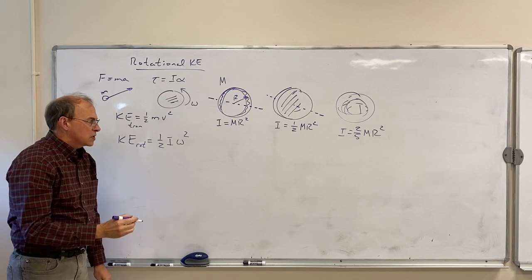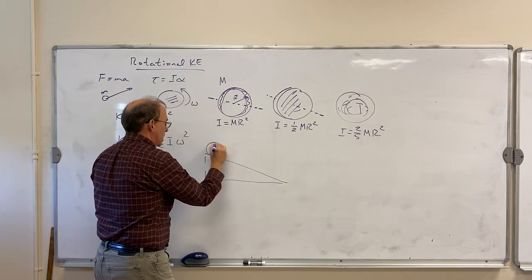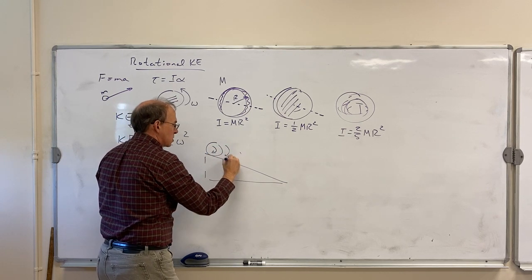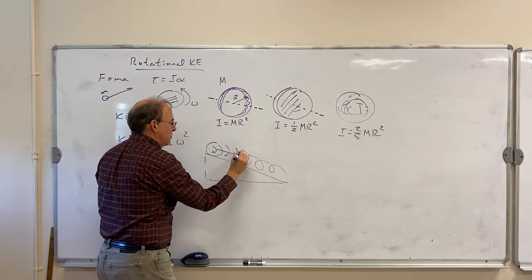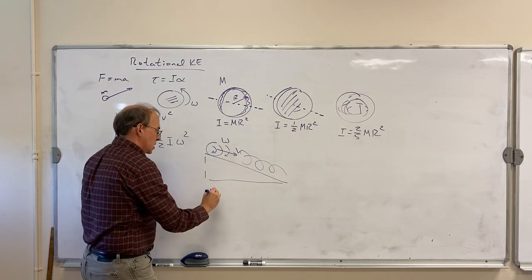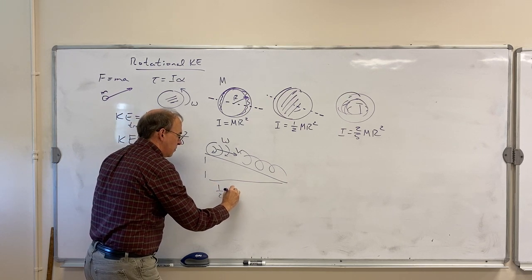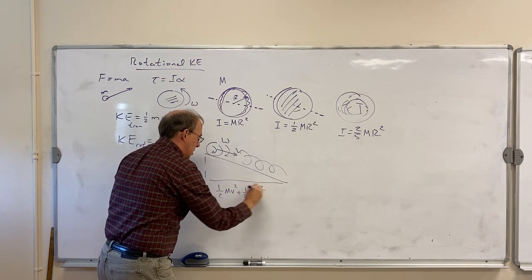So if something's doing both, like if we have a disk rolling down a ramp, now that disk has a v and an omega, so its kinetic energy would be 1/2 mv squared plus 1/2 I omega squared.